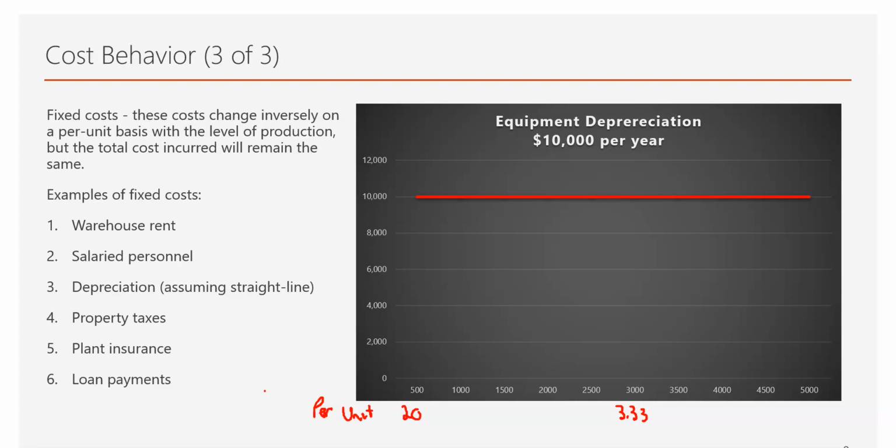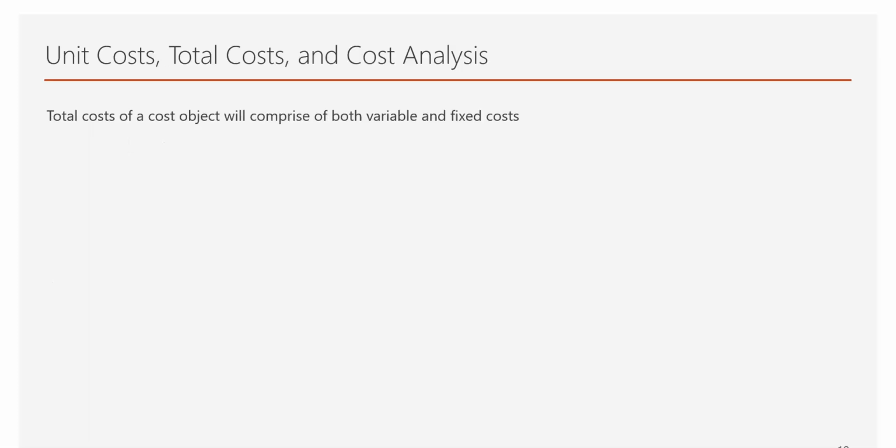So let's clear that out. And now let's look at unit cost. Now the total cost of an object is going to be comprised of both variable and fixed costs. Every cost object, anytime we make a unit or whatever, is going to have some fixed cost built in with some variable costs.